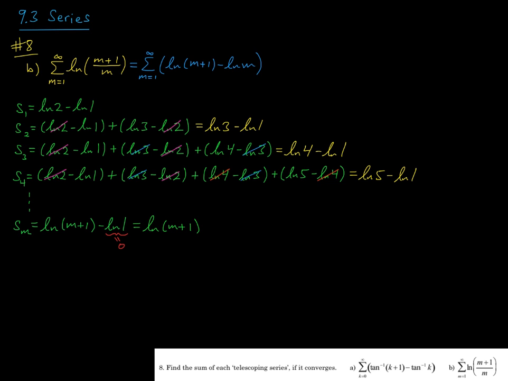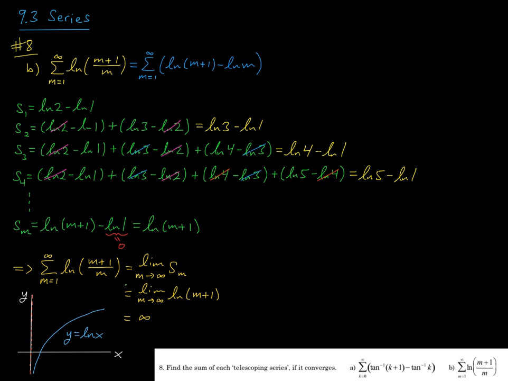Now notice here the thing we're taking the natural log of first in the simplified expressions is always one more than the index for the partial sum. So for S4, it's log of 5 minus log 1. For S3, it's log 4 minus log 1. So for the mth partial sum, that's going to be log of m plus 1 minus log 1. And here, log 1 is 0, so the mth partial sum is just the log of m plus 1.